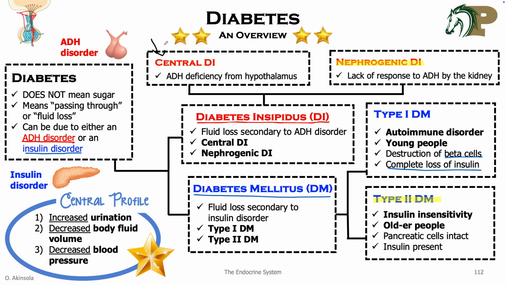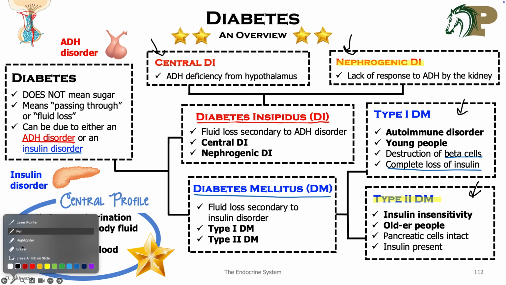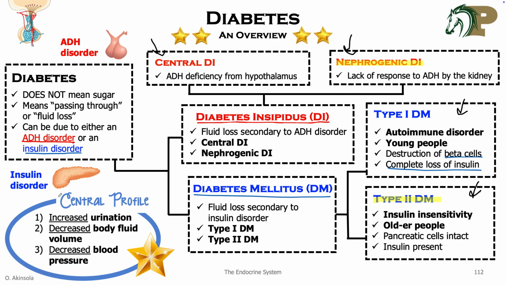So we talked about 1, 2, 3, 4 different types of diabetes. 2 of them coming from an ADH disorder and 2 of them coming from an insulin disorder. Regardless of the type of diabetes that you are talking about, all of them, every single last one of them, are going to share these characteristics of the central profile. That is increased urination, decreased body fluid volume, and decreased blood pressure.